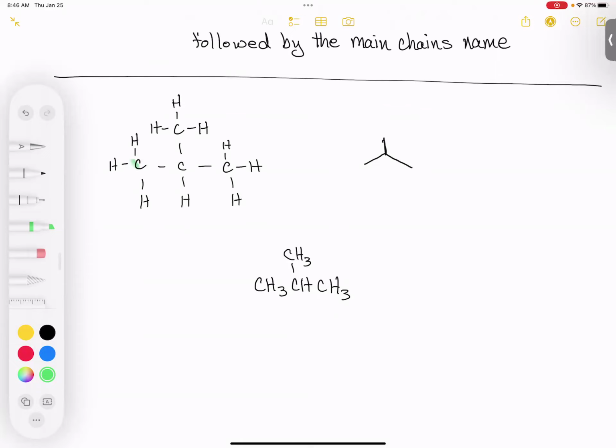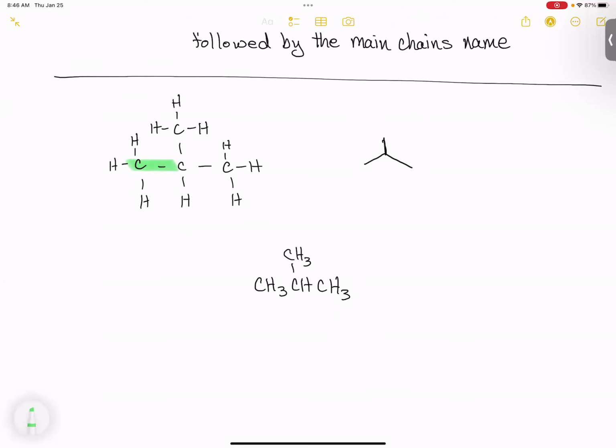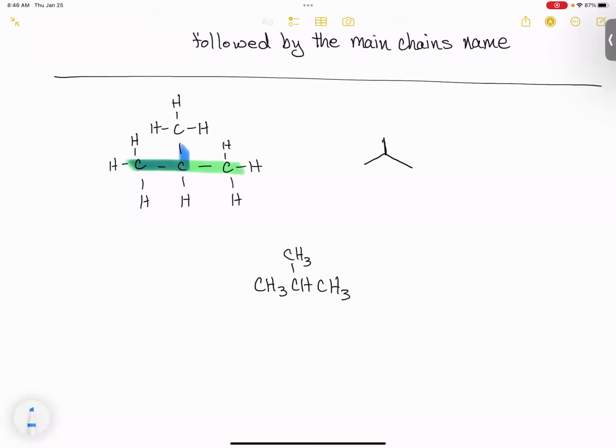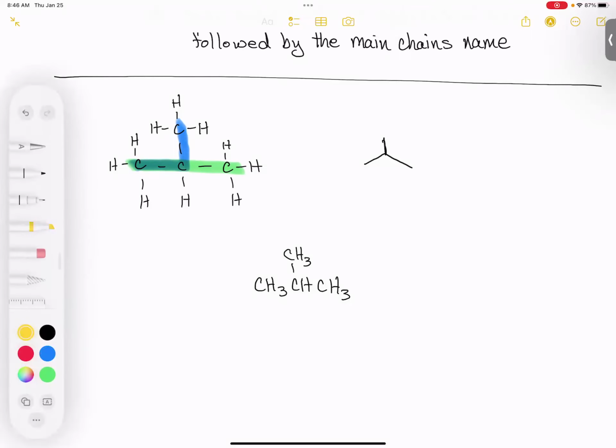I can put my pen down and go 1, 2, 3. Basically, what I'm showing you is no matter what I did, 3 was the longest I could get.